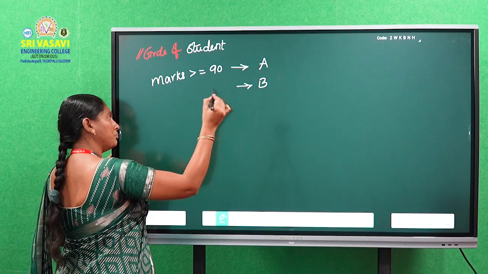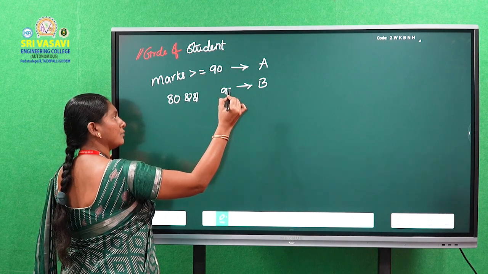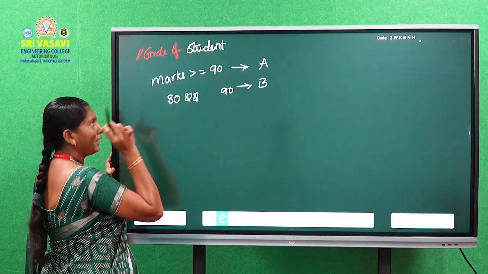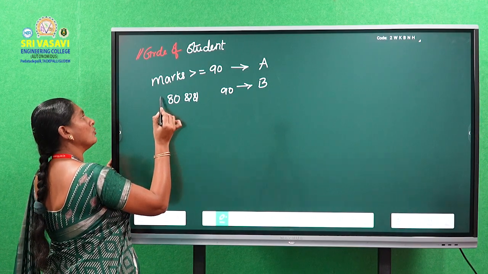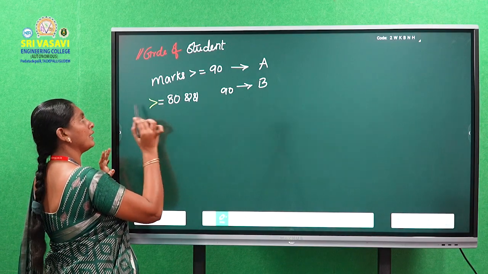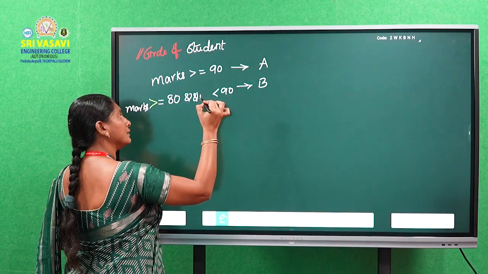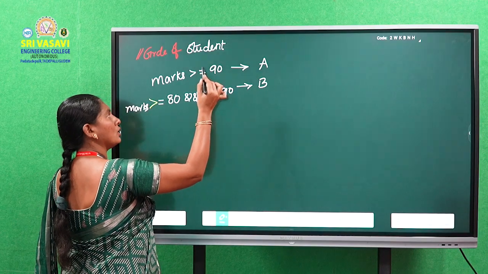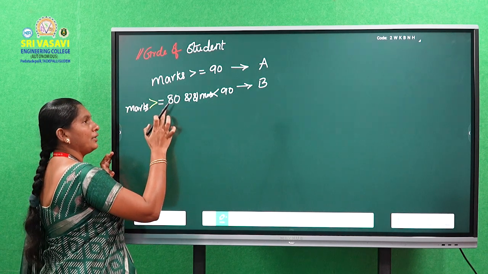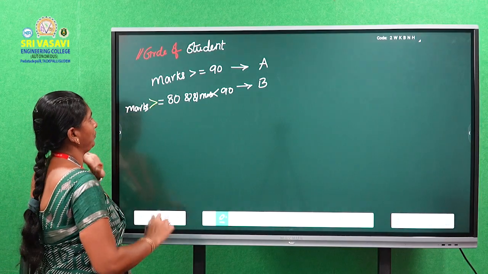If the marks lie between 80 and 90, then I want to print B grade. So the marks should be greater than or equal to 80 and less than 90, because we already included 90 above. That means 80 to 89 marks.